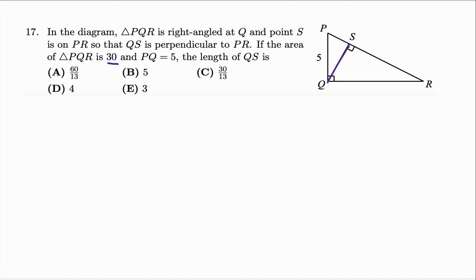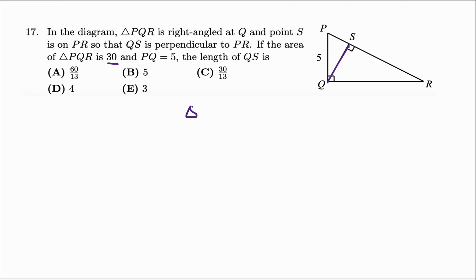Oh wait, but we can find this distance, right? Because for a right angled triangle, we can multiply the base by the other side, the height, and then divide it by 2.